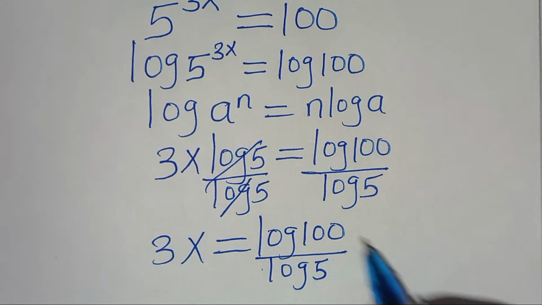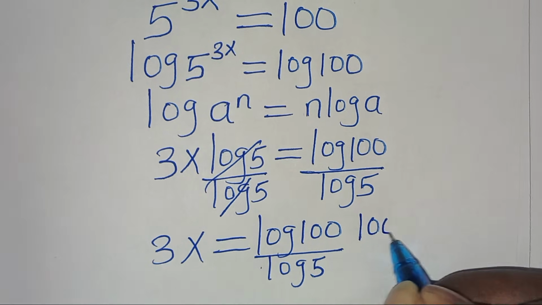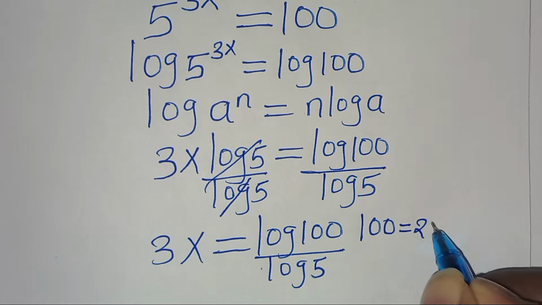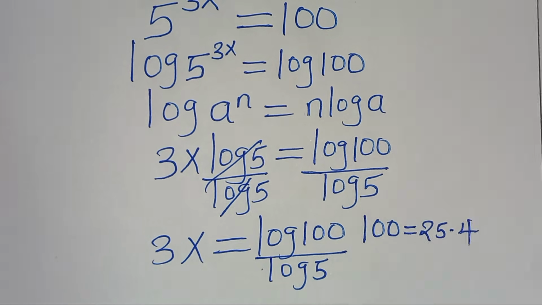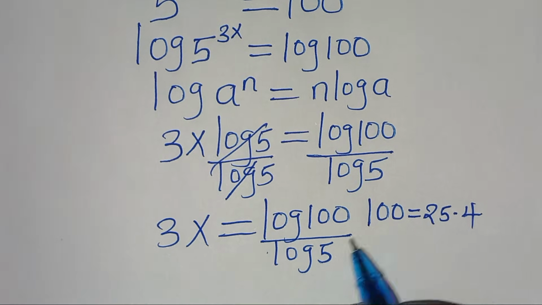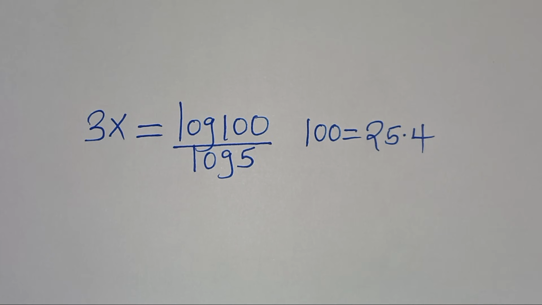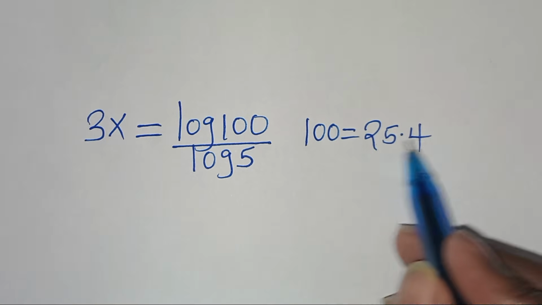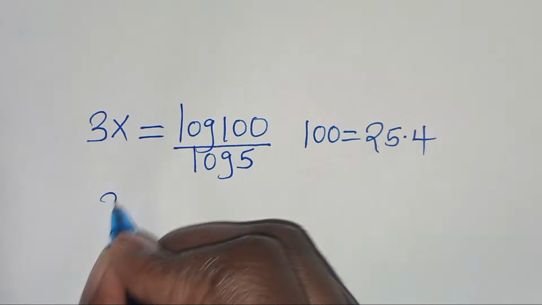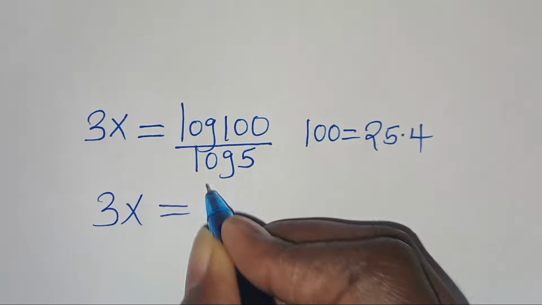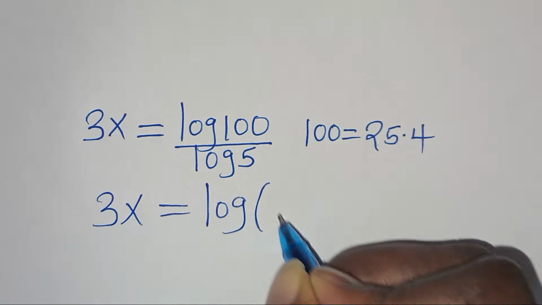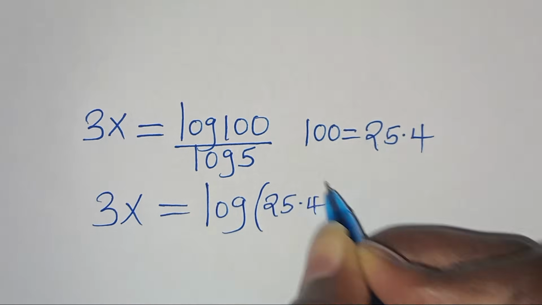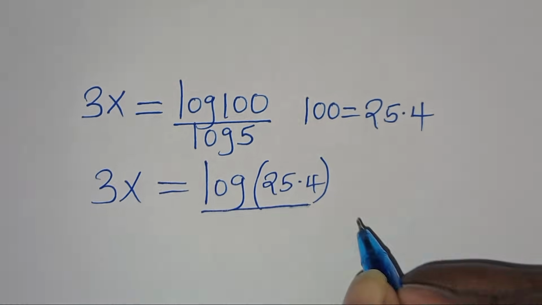The next step is that we can express 100 basically as 25 multiplied by 4. Substituting this, now substituting 25 times 4, this means we have 3x. This is equal to log 25 multiplied by 4 divided by log 5.